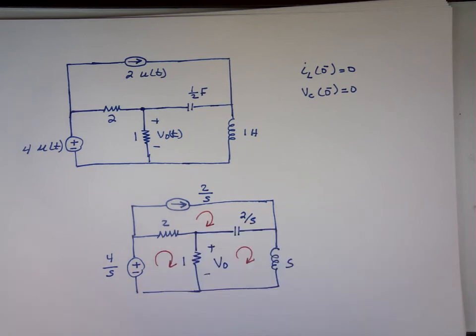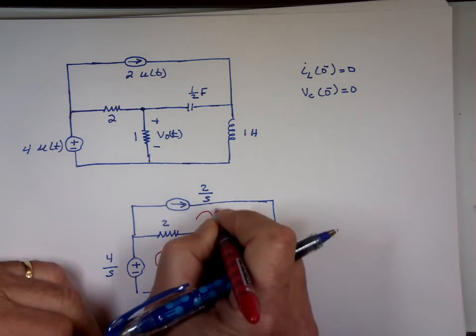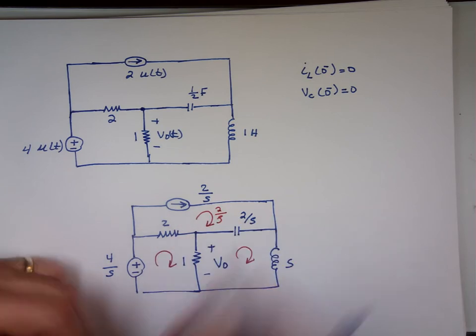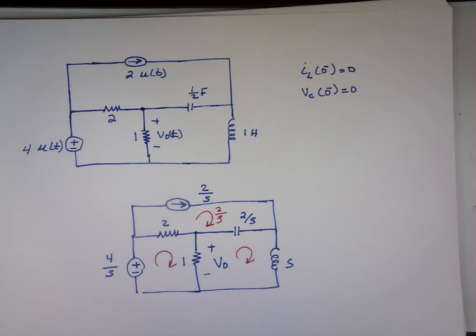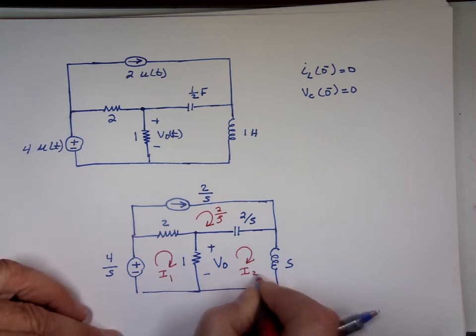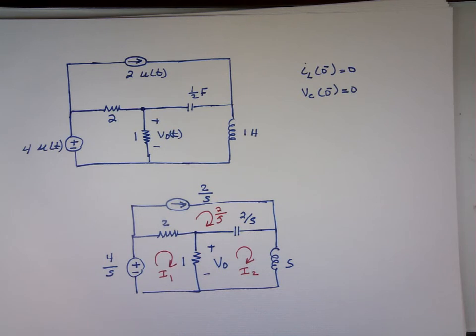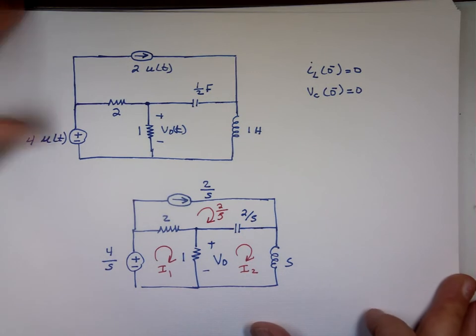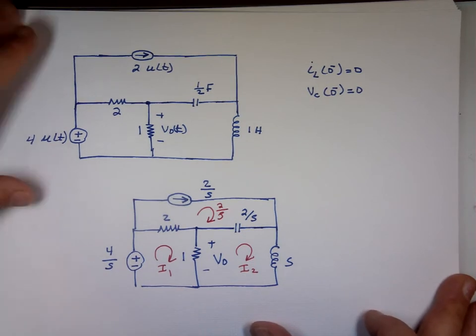It looks like we have 3 equations by 3 unknowns, but it's not. We already know one of the currents. Which one? Yep, the top one, 2 over S. So you only have 2 equations by 2 unknowns. This is I sub 1. This is I sub 2. So let's do KVL right here.